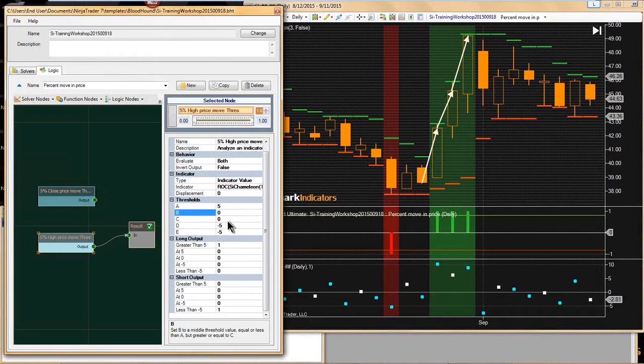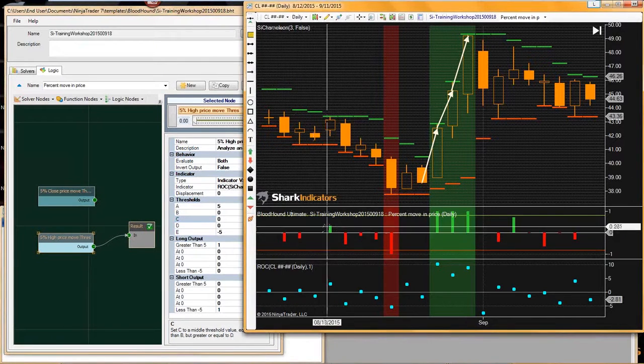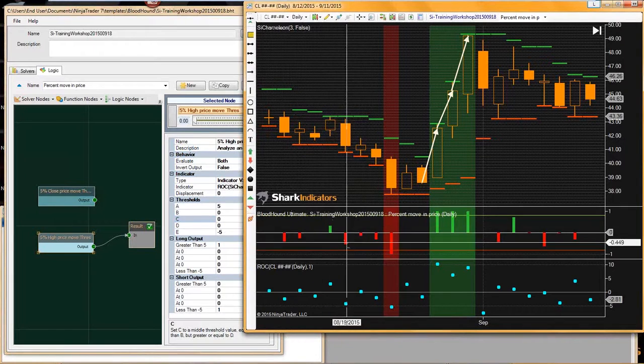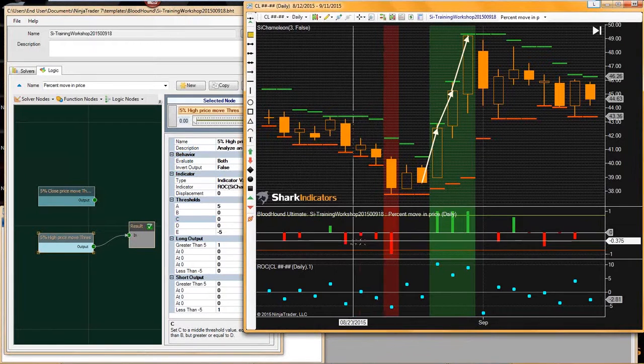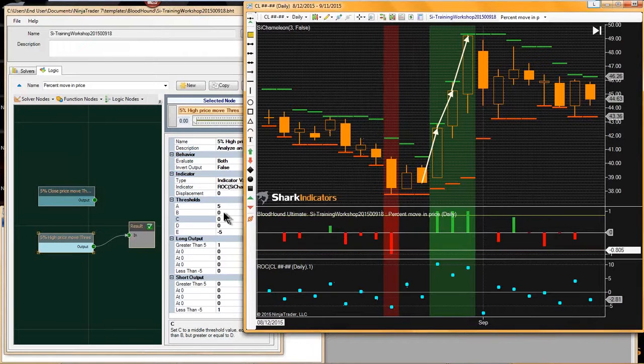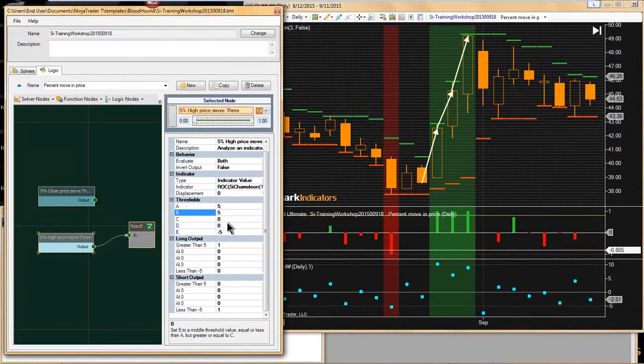If I take the second 5 out, you can see now we get some kind of an analog output, a varying output here, but most people just like seeing a nice clean digital type of output. That's why I put the 5 in there twice.